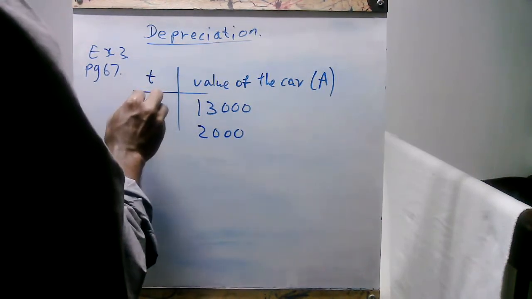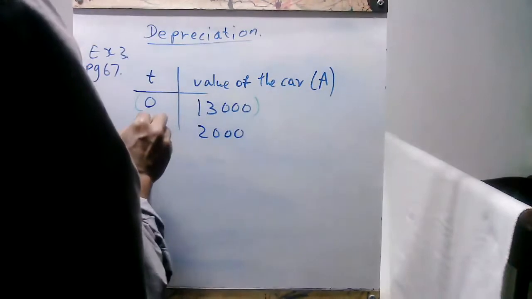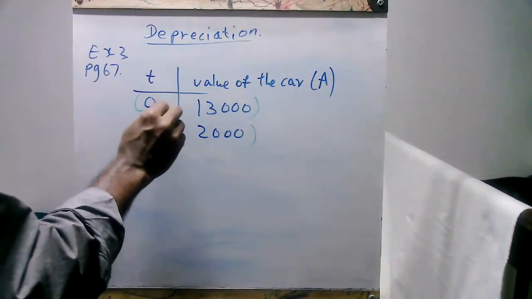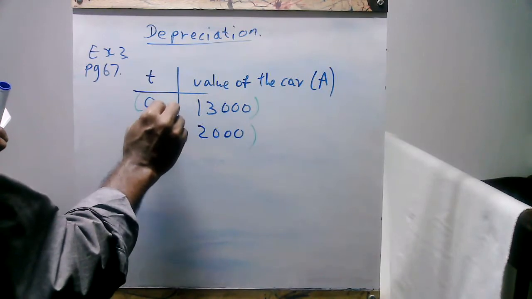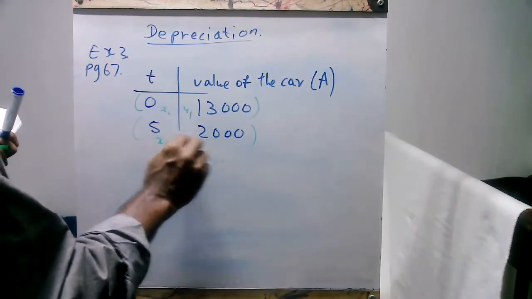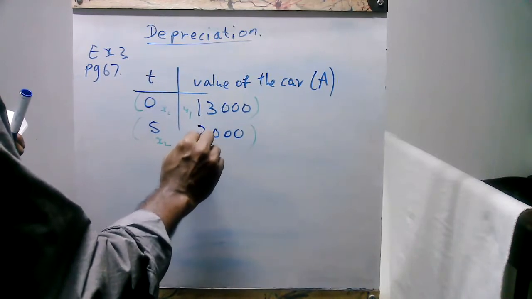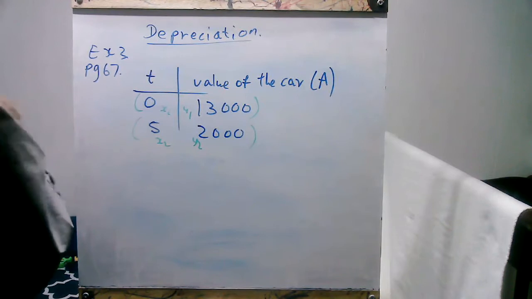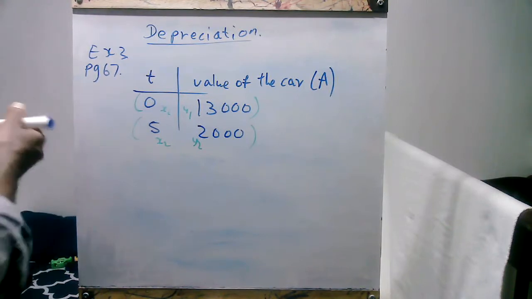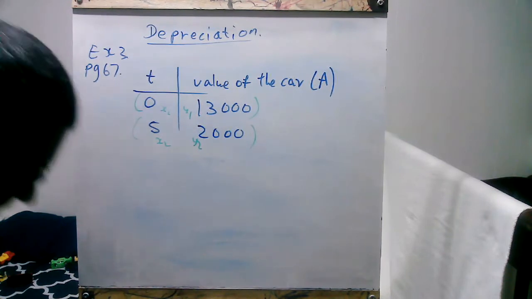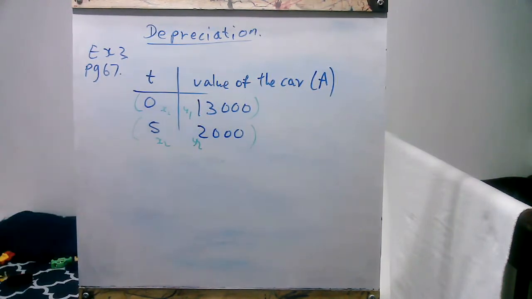Just use these two as coordinates of 2 points. So this is like x1, y1, this is x2 and this is y2. Right? If you write the slope, what's the slope equation?